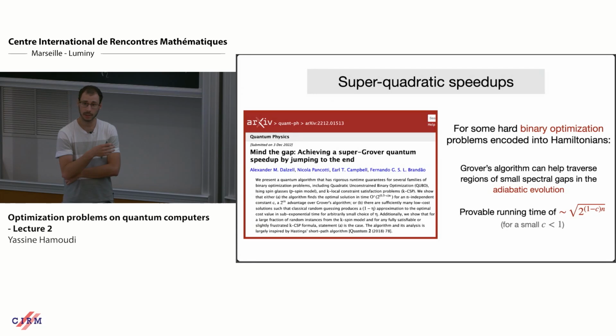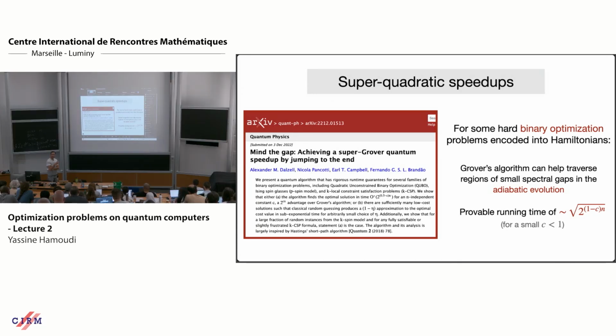And then, instead of doing a naive adiabatic evolution, which may be very slow because of a very small spectral gap, there are some non-trivial ways of combining Grover with adiabatic evolution, such that when the spectral gap becomes very small, Grover will give you a way of jumping across the spectral gap.